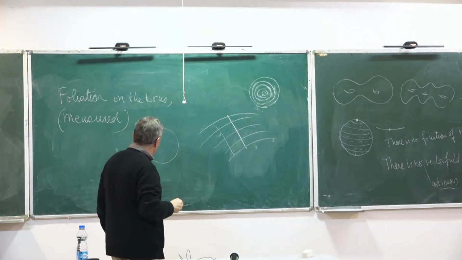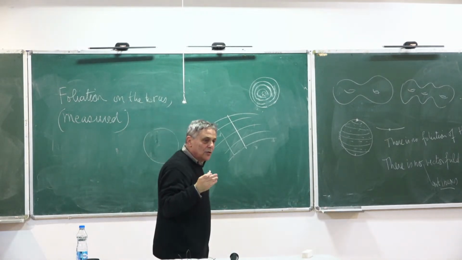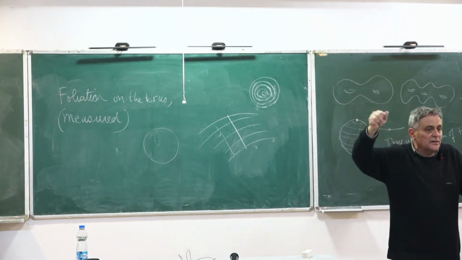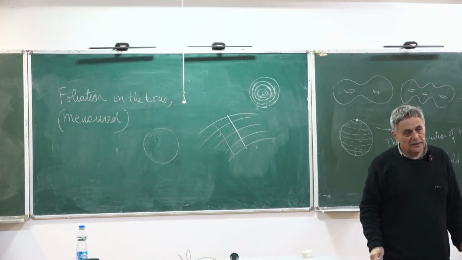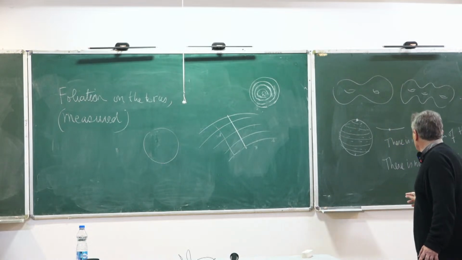If your disk is an open disk, then you can throw out the singularities to the boundary. You don't see the boundary, right? Okay. So I'm talking about compact surfaces here.